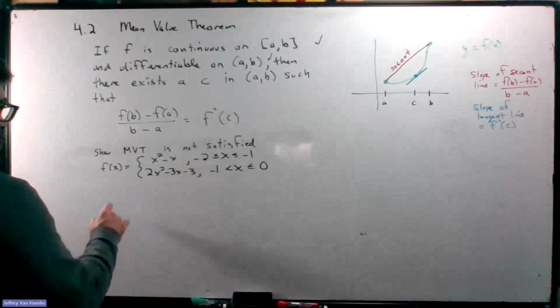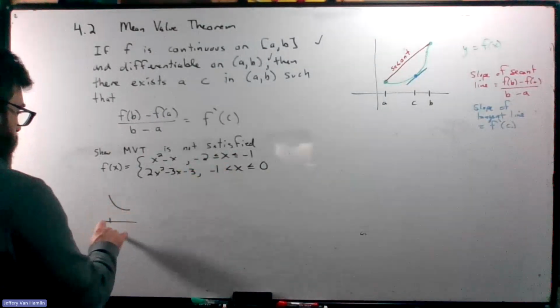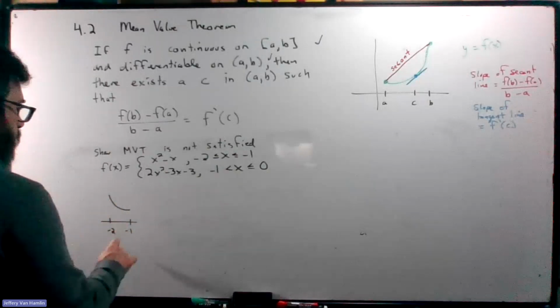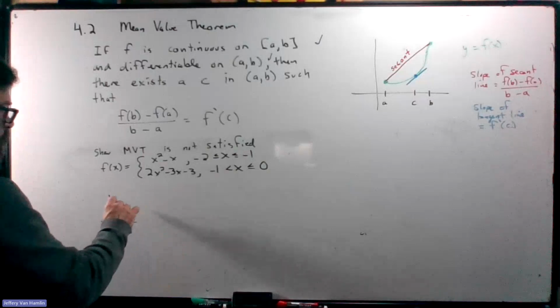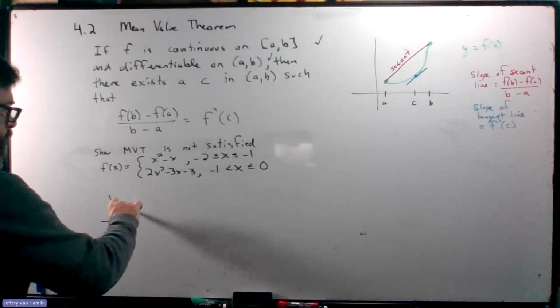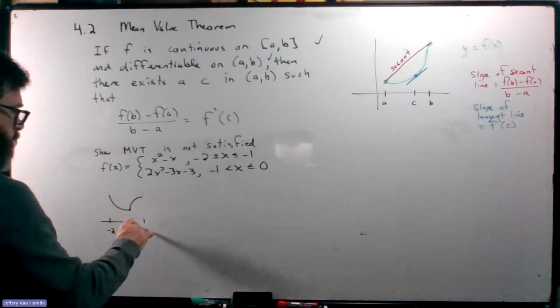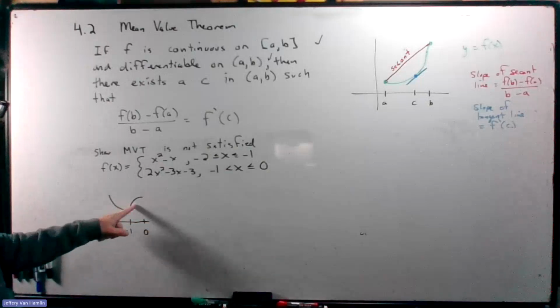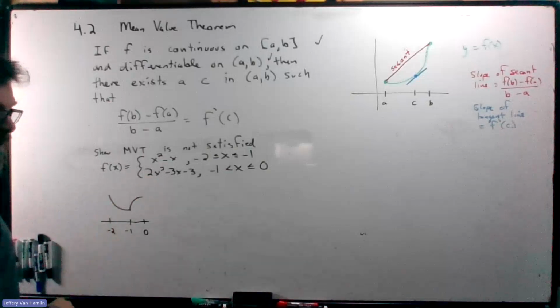So I have a feeling it's going to be some quadratic from -2 to -1, and then it might be some other quadratic, and I'm not sure its slope, but let's just make it look funny. So let's say, I know it doesn't look like this, but let's say it looks like this, for instance. And this is going to be from -1 to 0. I know it doesn't look like that because that'd be a quadratic opening down, and this has a 2. But this gives a better picture.